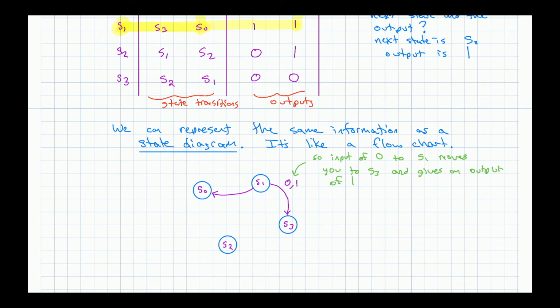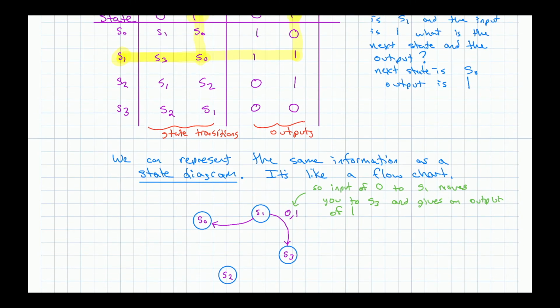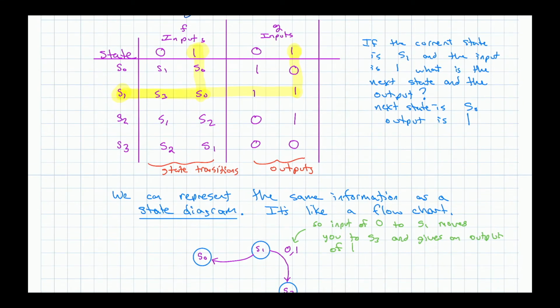So the arrow means S1 to S3, and the 0, 1 is the input that does it and the output that you get. Okay, if we do the same thing for the other one, S1 to S0, this arrow right here, the input was 1, and also the output is 1.